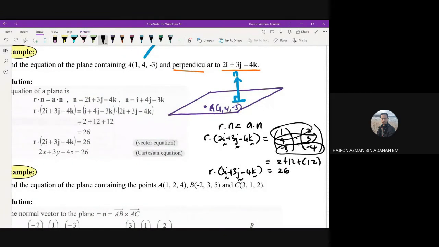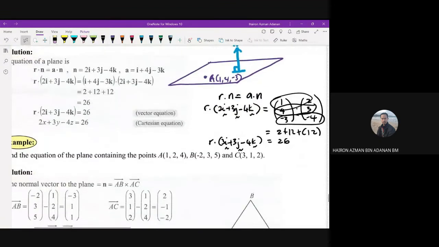Okay, now to rewrite it in Cartesian form, we just solve the left side. You just write r as (x, y, z), dot with the vector normal (2, 3, -4), equal to 26. So just multiply.